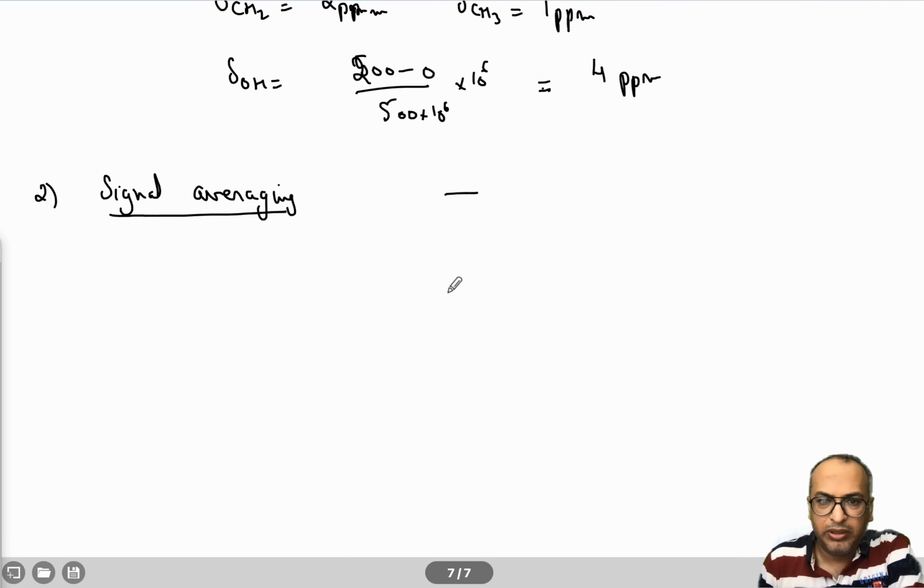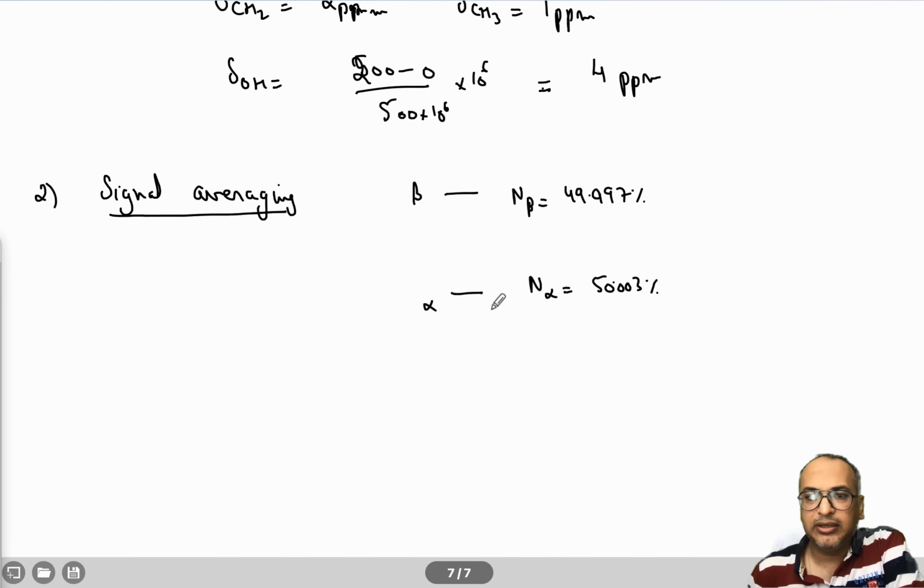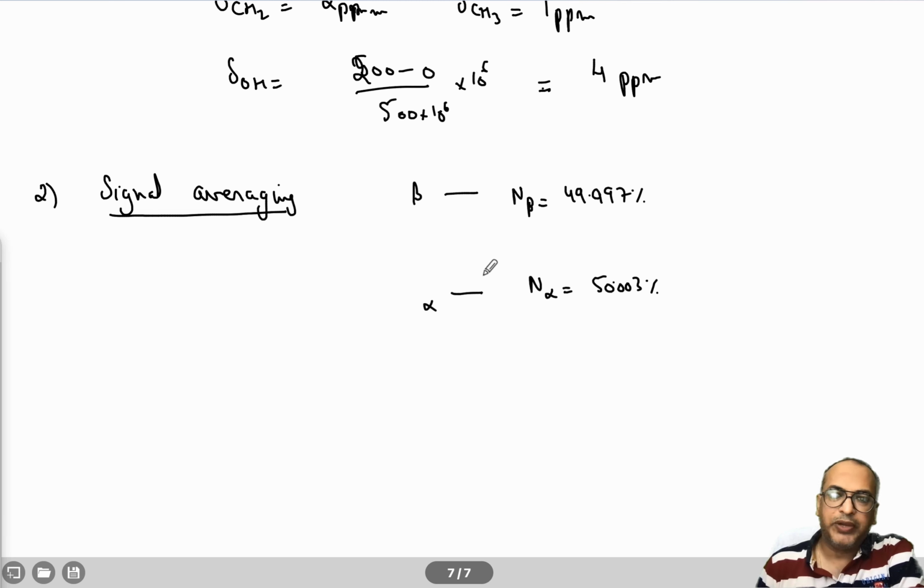If you remember, at 298 Kelvin for 500 megahertz, we calculated that the population of N alpha is 50.003% and the population of beta is 49.997%, right? So the population excess in the ground state is very, very small, and this leads to a very weak NMR signal.